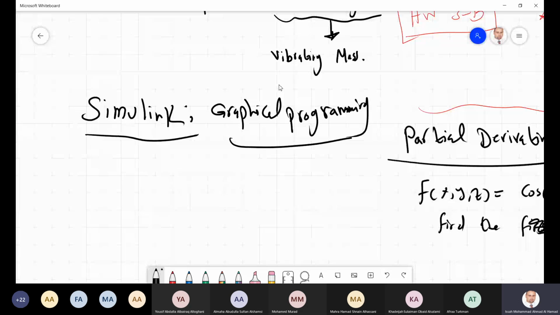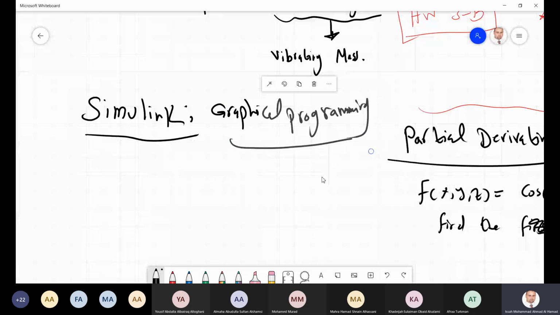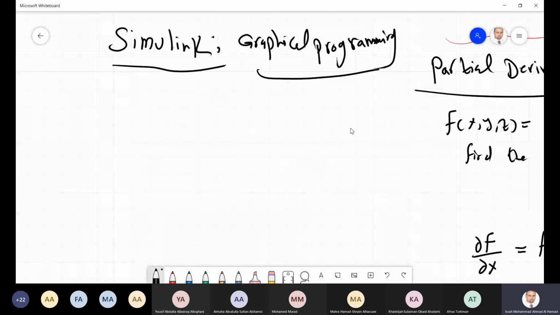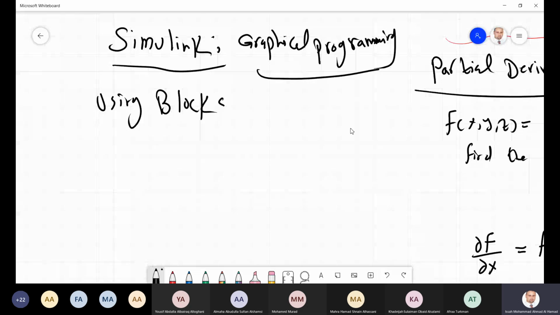Okay, so you program using blocks. For example, blocks and arrows, or in colloquial terms, wires.